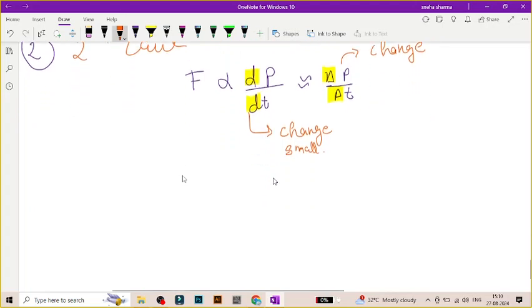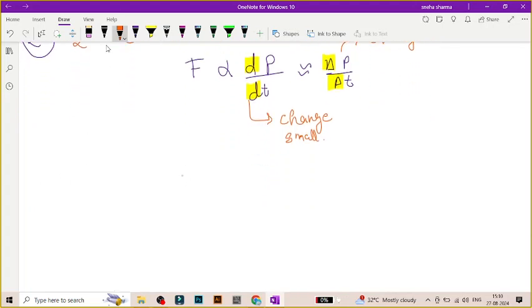Further, if we break this down, we have F directly proportional to dP by dt. For removing this directly proportional sign, we use a constant. So F is equal to k dP by dt.